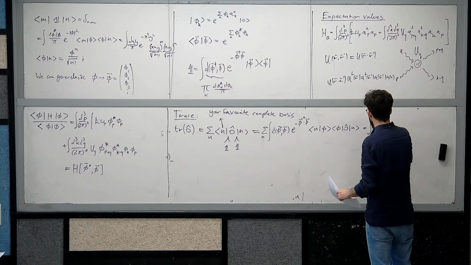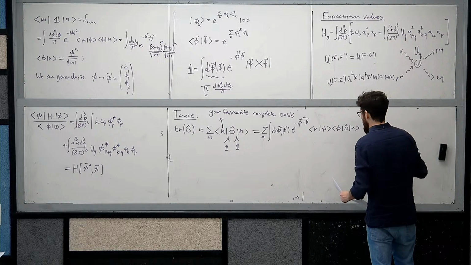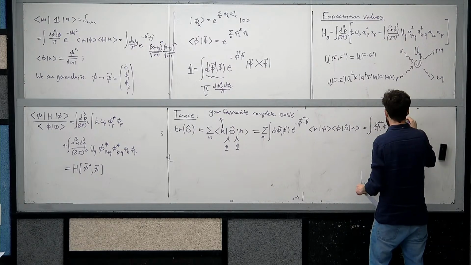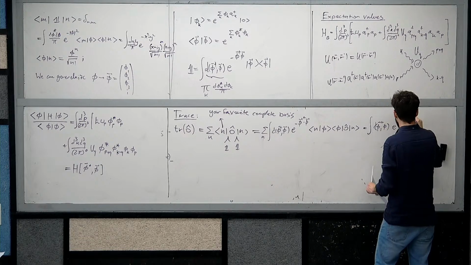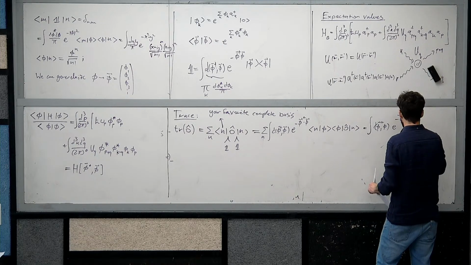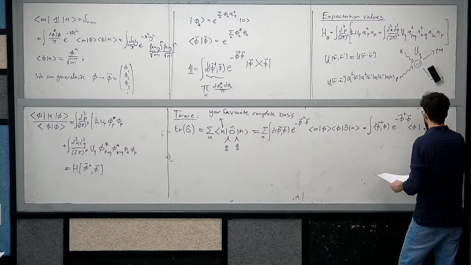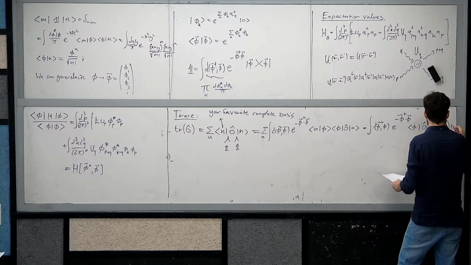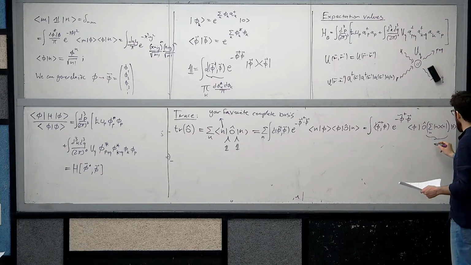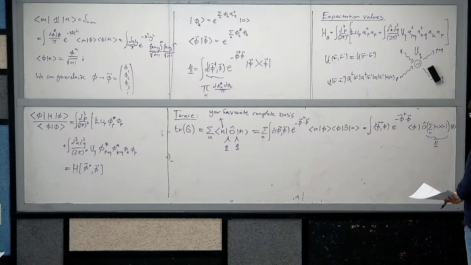And I get an integral d phi dagger phi e to the minus phi dagger dot phi, sum over n, phi. Okay. Now this guy is not a resolution of identity; it's just identity. It's a trivial resolution of identity.